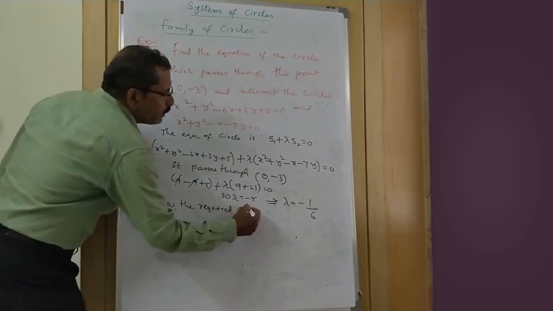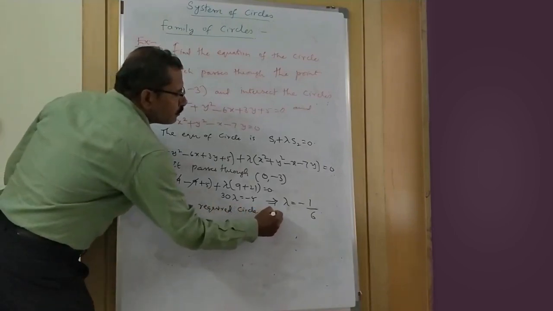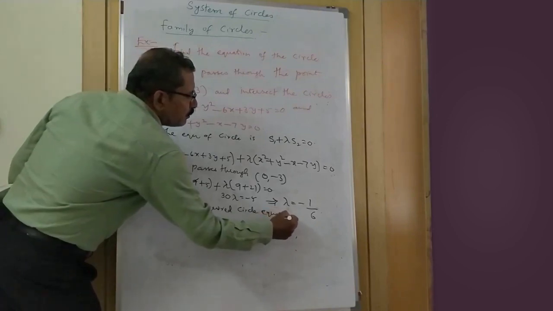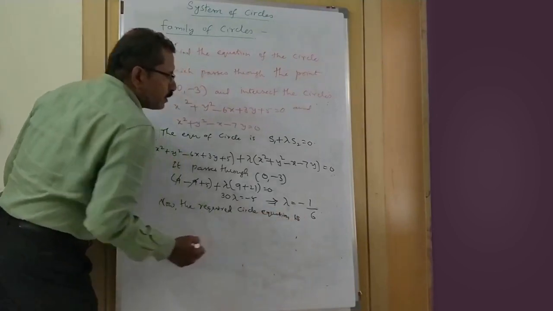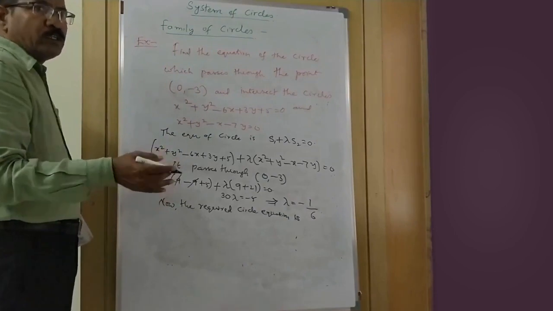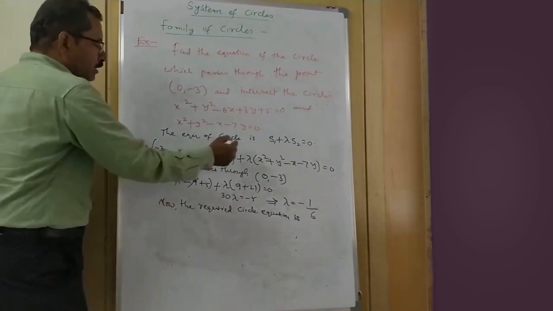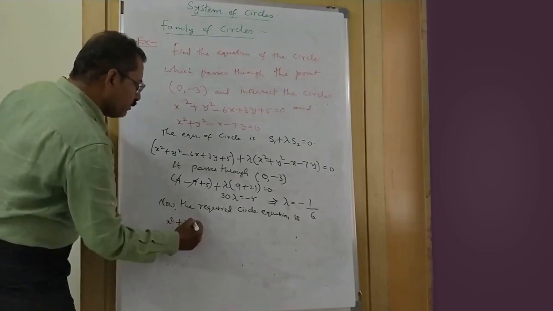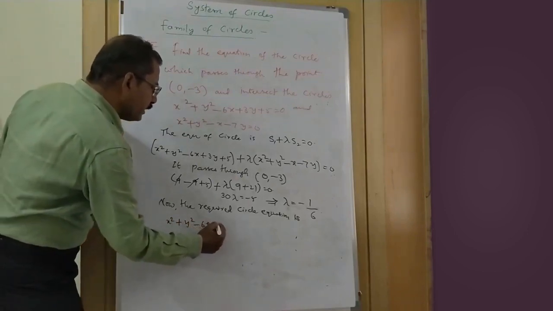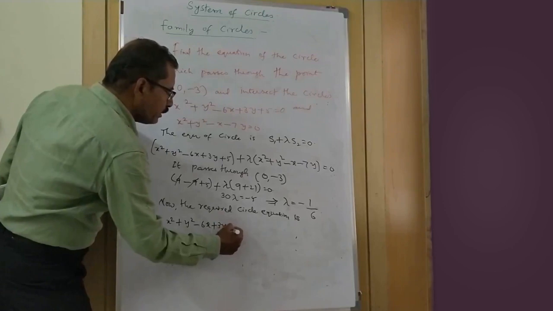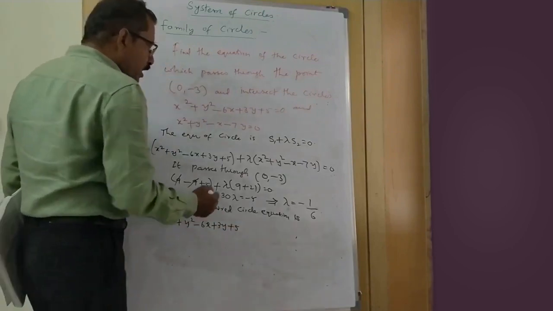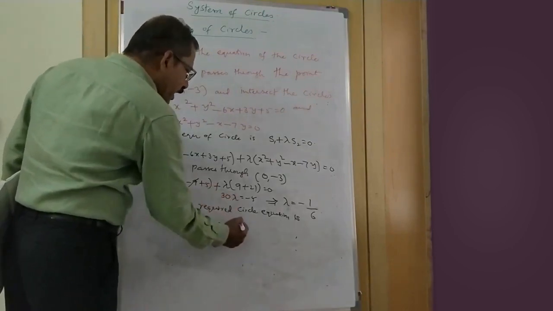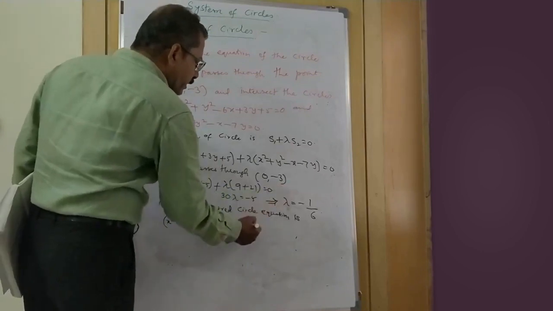Now the required circle equation is, can you tell? x² + y² - 6x + 3y + 5 + lambda into (x² + y² - x - 7y) = 0, where lambda is -1/6.